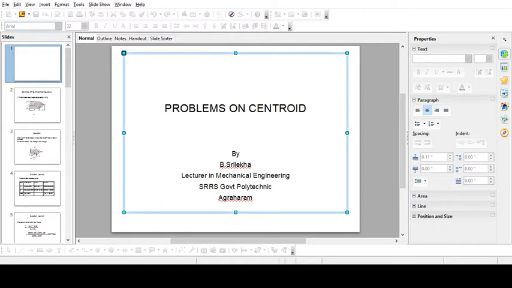The centroid of symmetrical sections problems we are going to discuss now. Here is a given composite figure, and you have to find the centroid of this particular composite figure.